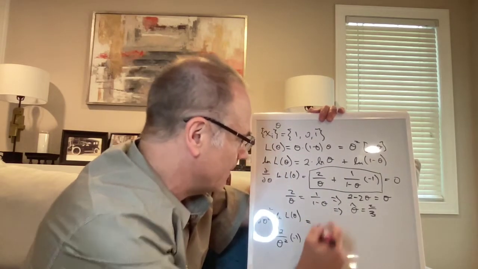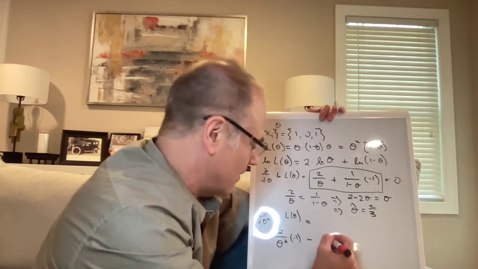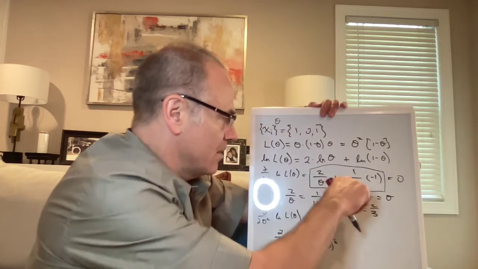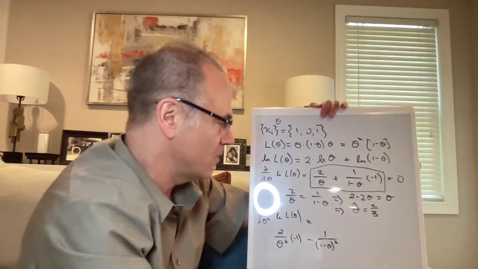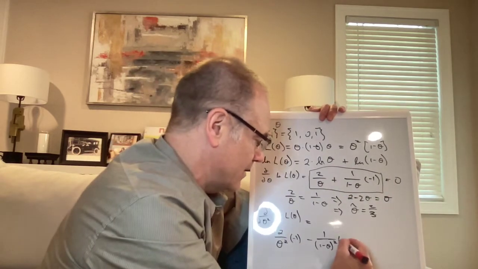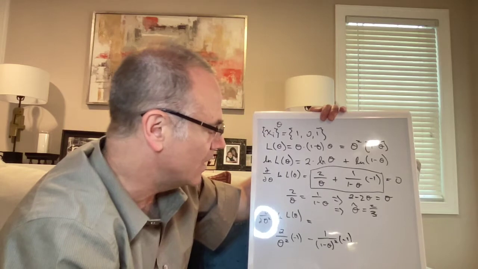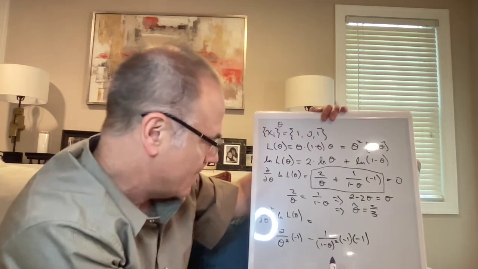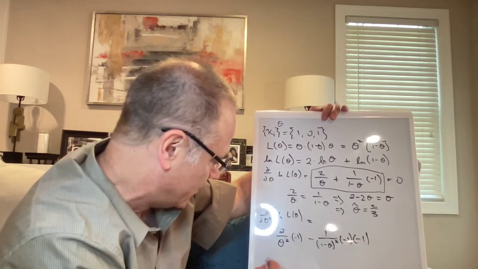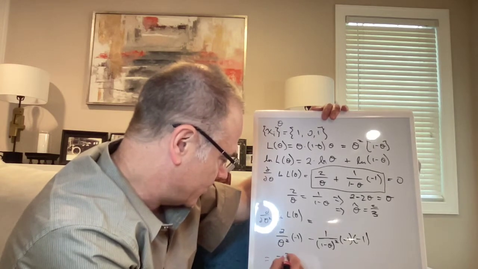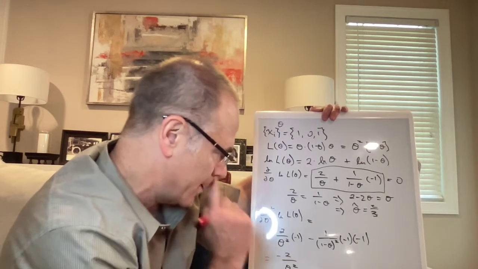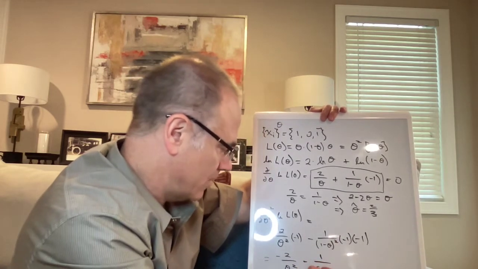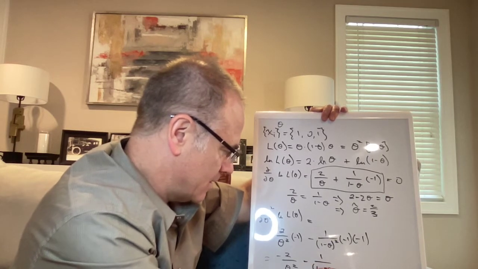Then we have minus 1 over 1 minus theta squared, because we've subtracted 1 from that exponent. We have the exponent of -1, but then we have a negative theta, so we have to multiply by -1 again. And so that equals -2 over theta squared minus 1 over 1 minus theta squared.